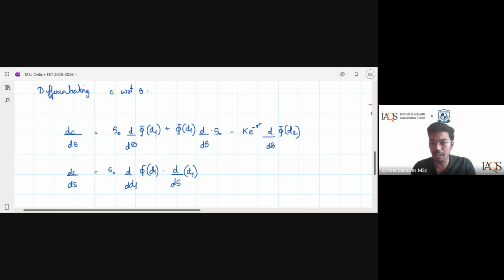This is essentially like a chain rule, because first I have a modified equation and then inside that equation there is s sitting. So I'm first differentiating phi d1 with respect to d1. And then once I do this, I need to apply chain rule. So then I'm differentiating d1 with respect to s. Comfortable, everyone?